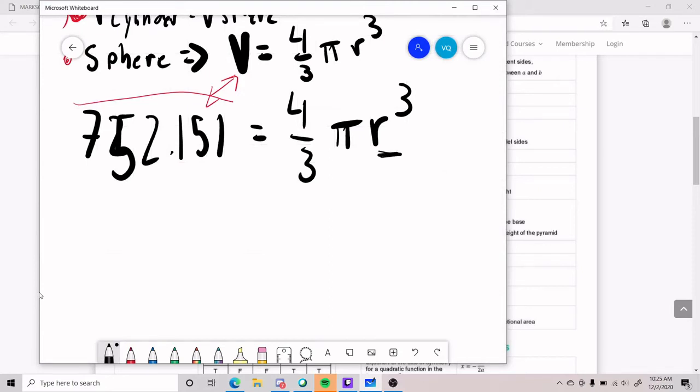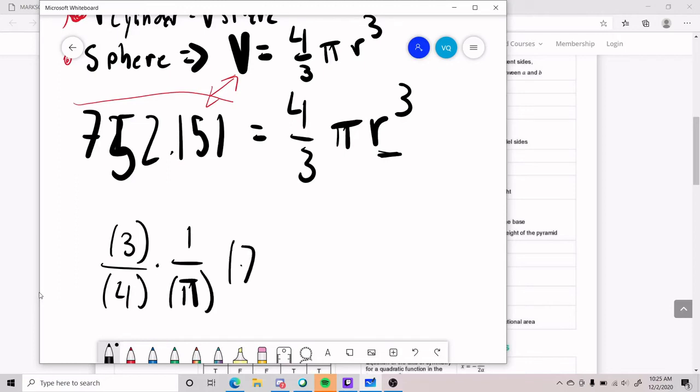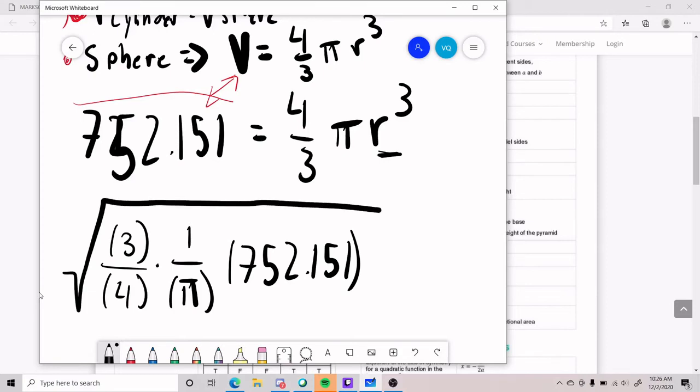And so we can pass the 3 multiplying, the 4 dividing, and the pi dividing as well. And the whole thing to the cube root of 3 will equal r.